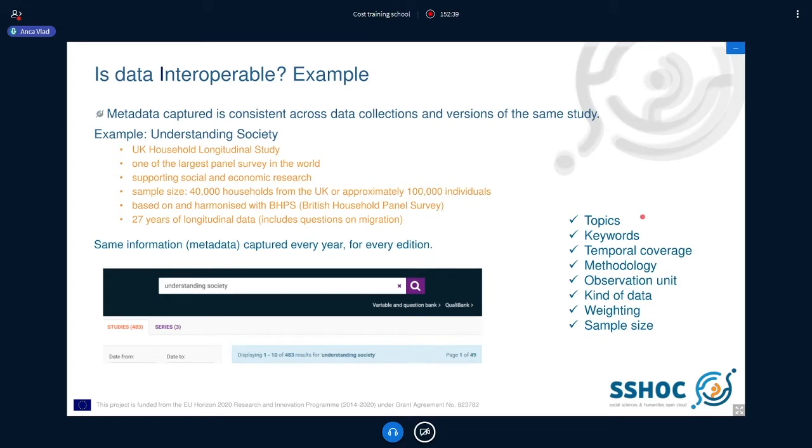So these metadata fields that I mentioned on the right here, it's very important to have these captured in every edition. So in every year, we capture the same information, so that it is also comparable and consistent. Of course, this is very important. Okay, and every edition, so it's not just every year, it's every edition. Every year there are different, I think we have about 483 studies for this project, for this big longitudinal study. Okay.